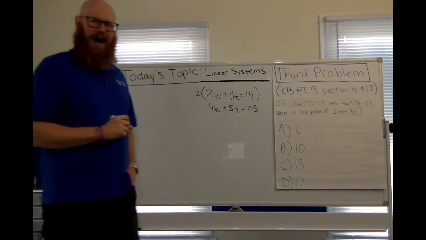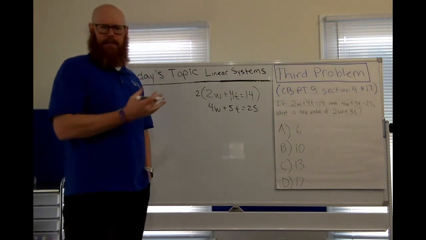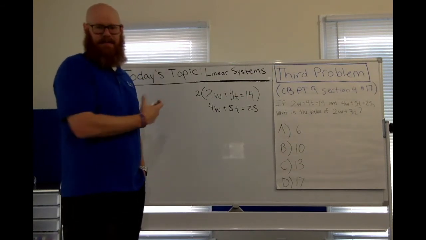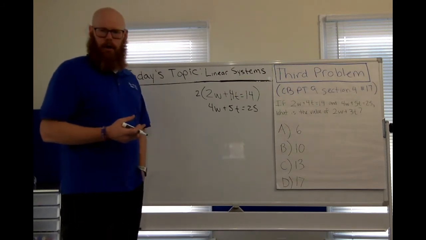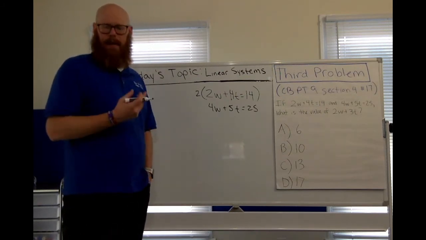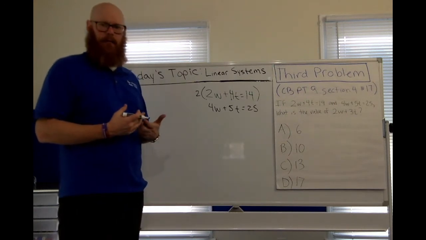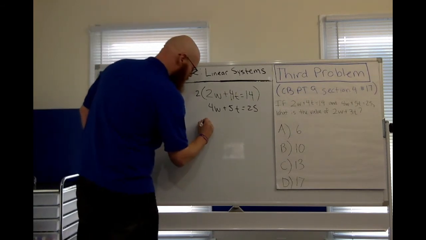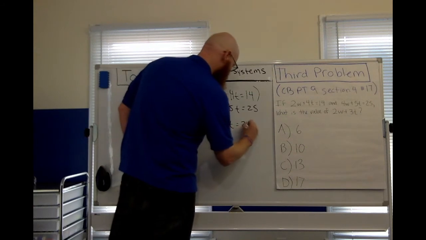Again, this can be done two different ways. I just choose to make them exactly the same and then subtract, to keep it consistent with how I solved the problems earlier. But as many of you know from school, you could make them opposites and add. The idea is to eliminate one of the variables, hence the elimination method. So 4w plus 8t equals 28.